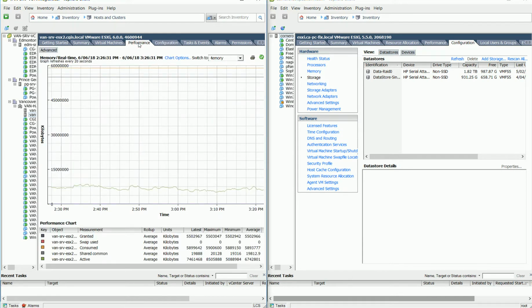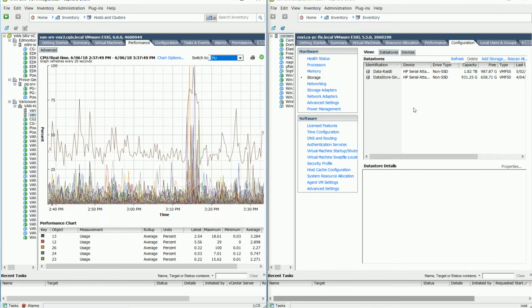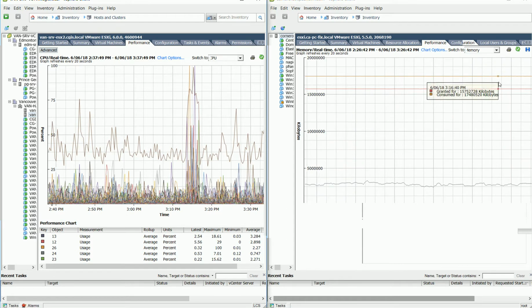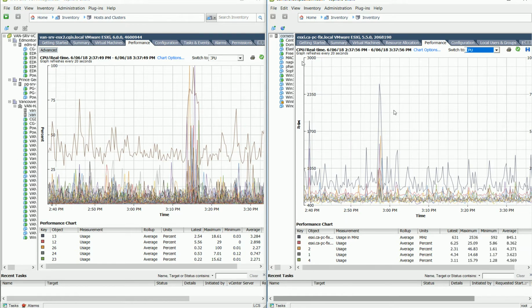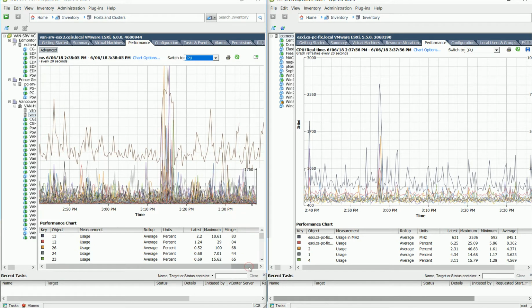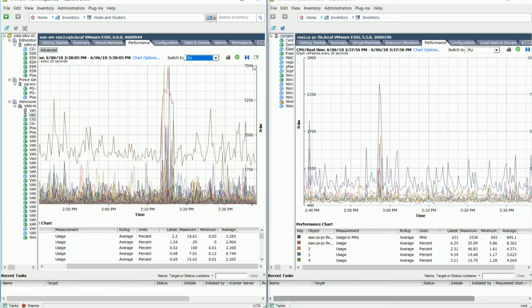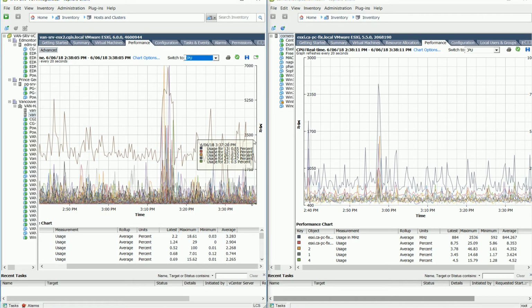Let's look at the interesting part, the performance. If we pull out the performance, we can see the CPU speed. This shows how busy the server is, because this one has more CPUs and more CPU cores, so you can see more processes running.